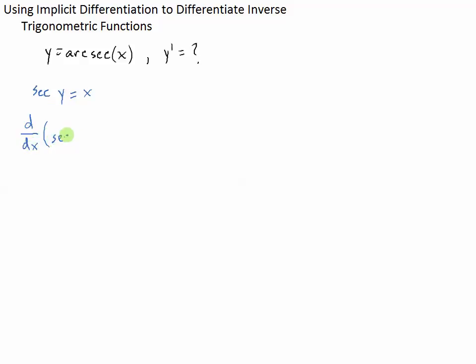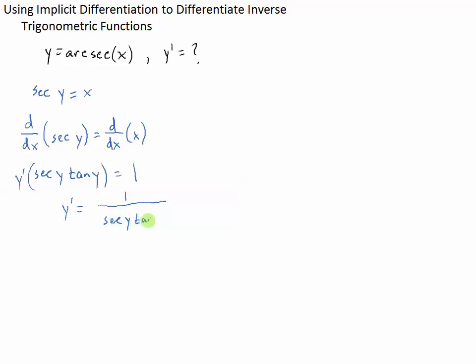In other words, do our implicit differentiation. The derivative of secant is secant times tangent, but then I've got to take the derivative of y as well, so that's times y prime, and the right side is 1. So dividing, I see that y prime is 1 over secant of y times tangent of y.